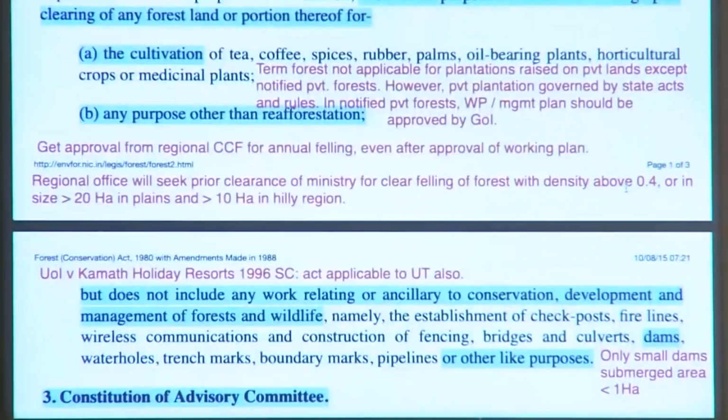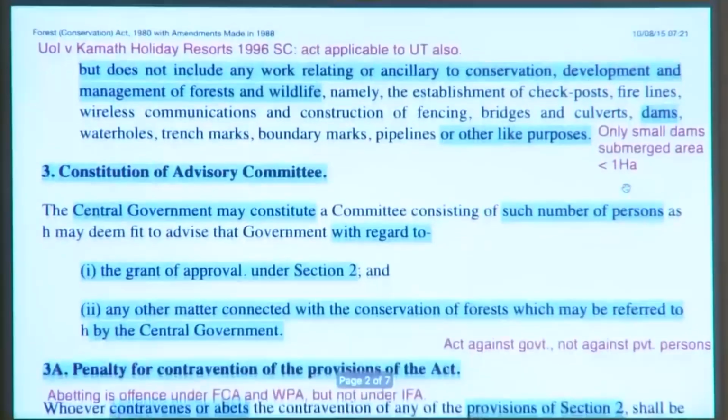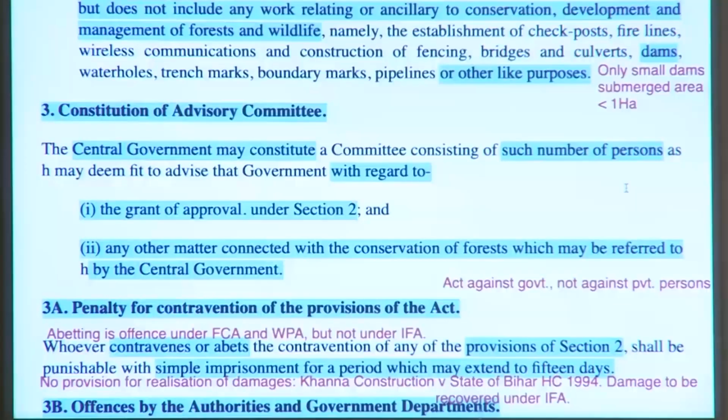or any other purpose other than reforestation, but it does not include any work relating to or ancillary to conservation, development and management of forest and wildlife, namely, certain activities that are permitted, and these are establishment of check posts, fire lines, wireless communication, construction of fencing, bridges, culverts, dams, water holes, trench marks, boundary marks, pipelines or other like purposes.